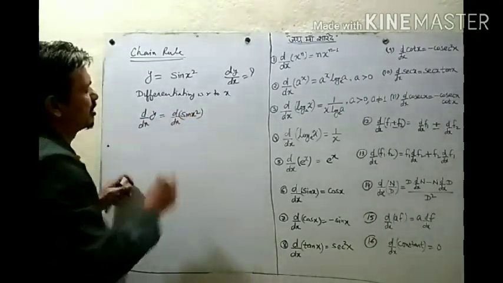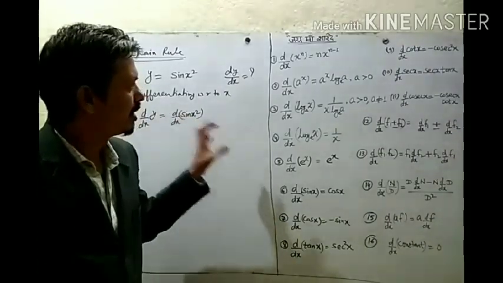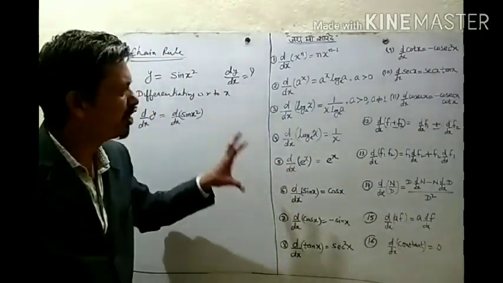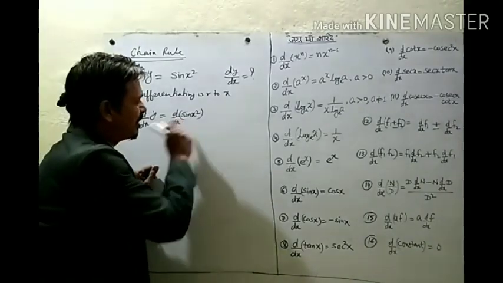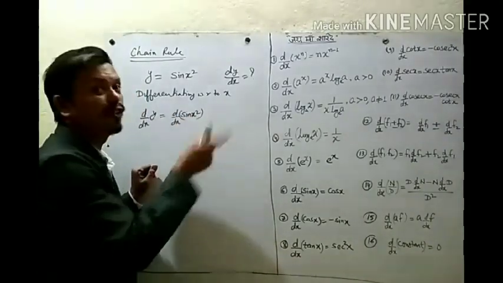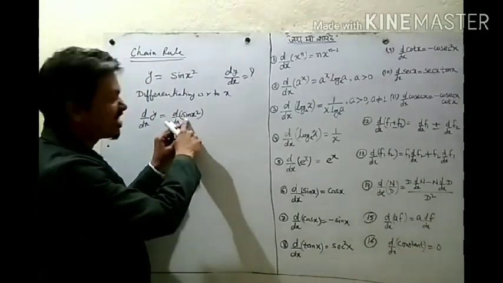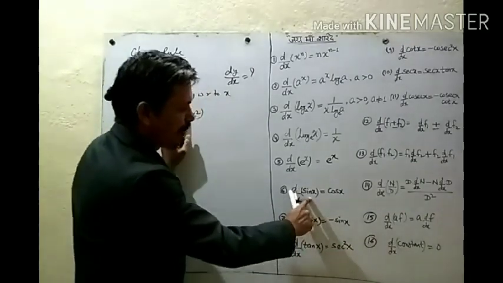Now how to differentiate this? We don't have any formula for sin x square. But which formula can be used here? This function starts with sine, so we can use that formula.